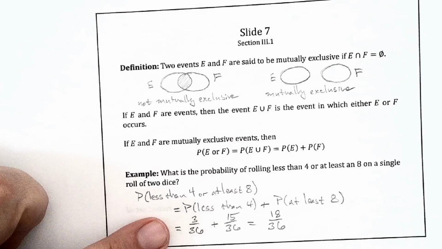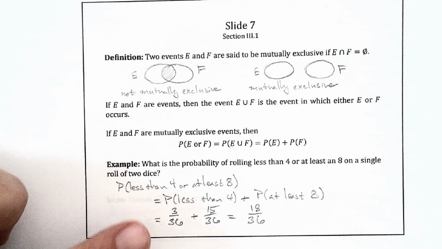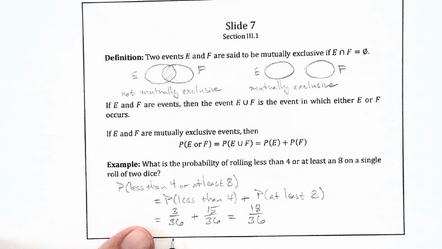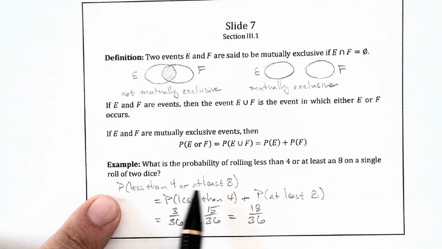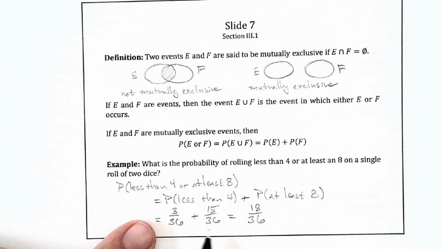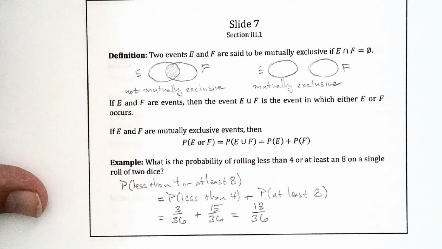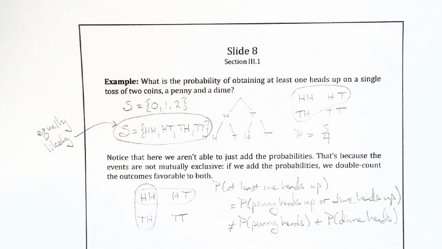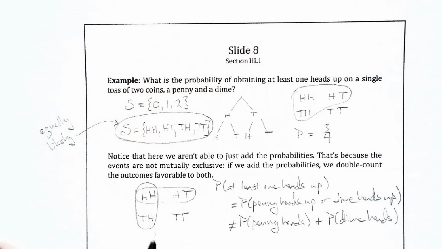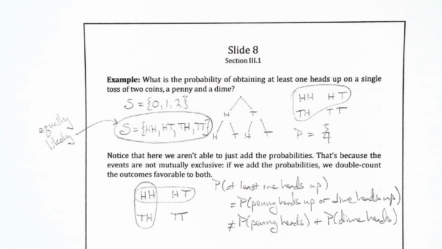Okay, so the reason I'm pointing this out is that, remember in this last example, we had 2 mutually exclusive events, and the probability that one or the other would happen was just the sum of the two probabilities. In this case, we have events that are not mutually exclusive because they have a common outcome. There's an outcome that's favorable to both.